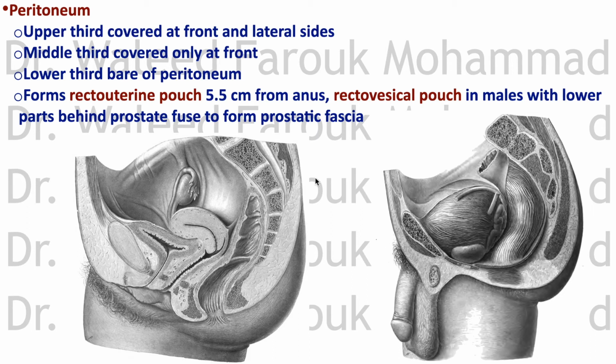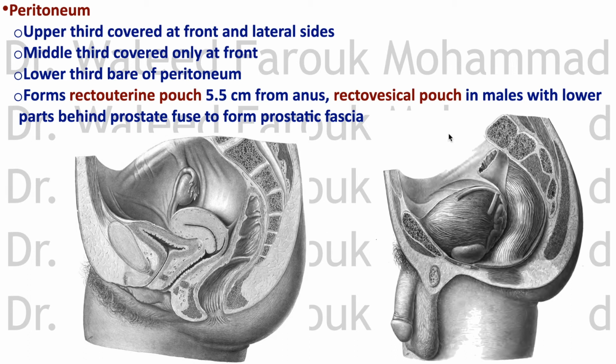Okay, the peritoneum of the rectum. The peritoneum descends covering the rectum and then gets reflected anteriorly, either by forming the rectovesical pouch or the rectouterine pouch of Douglas. But not the whole rectum is covered.